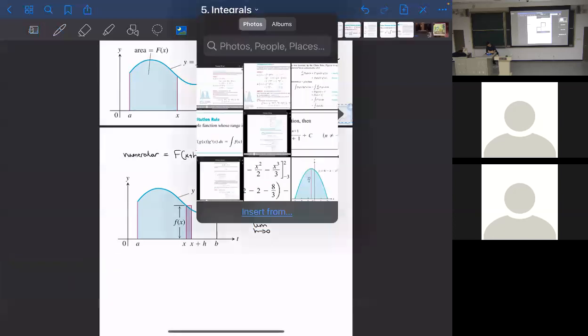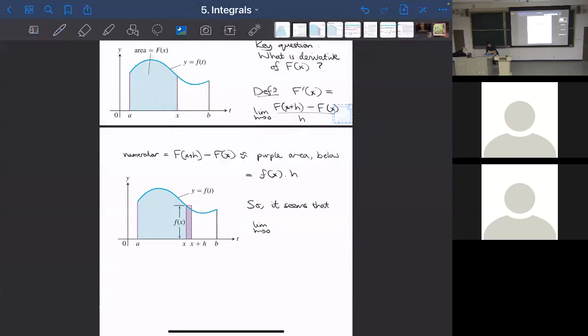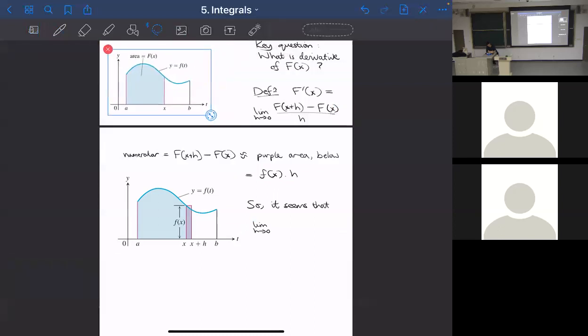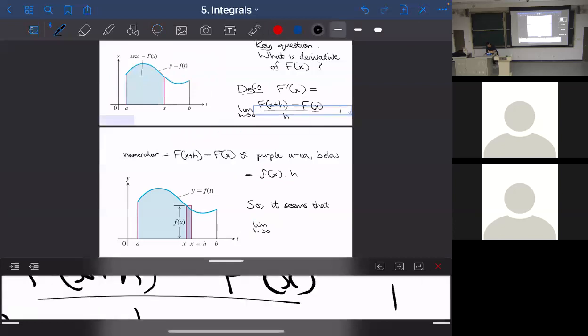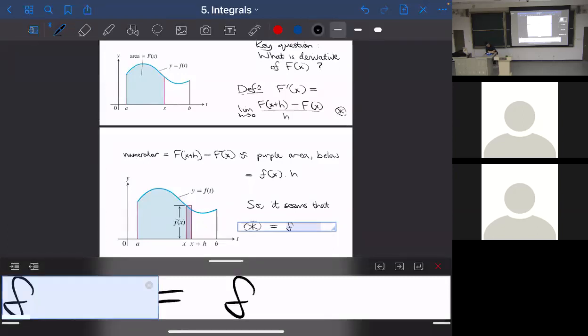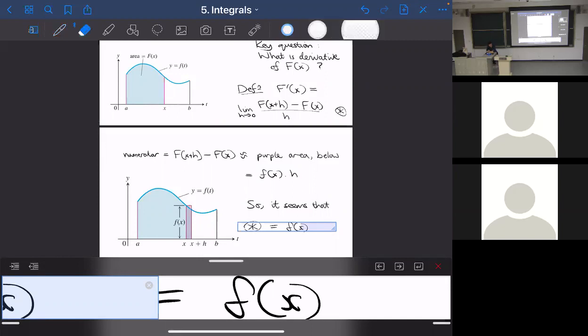Well, let me write it a bit differently. Well, this limit, star, should be equal to f of x itself, because the top is f of x times h, and then we're dividing by h.